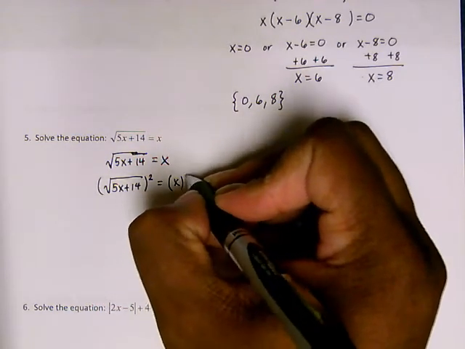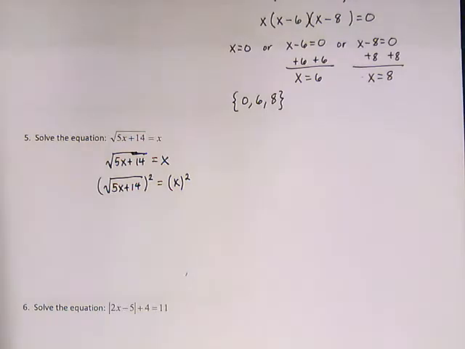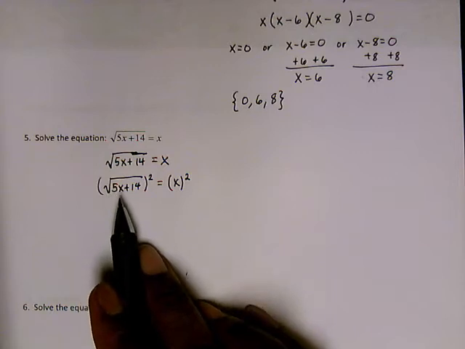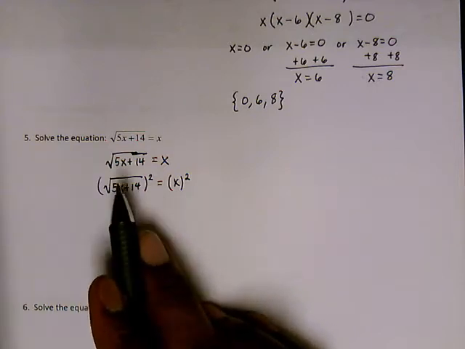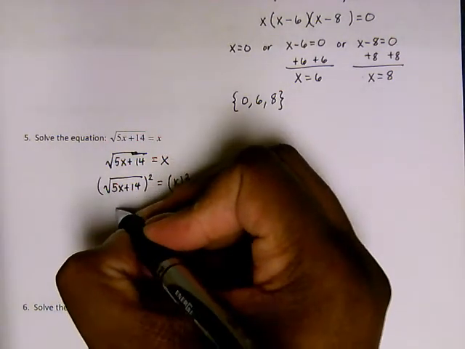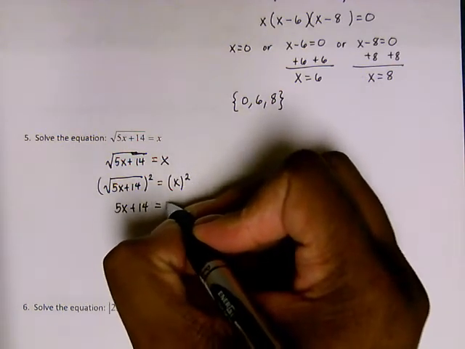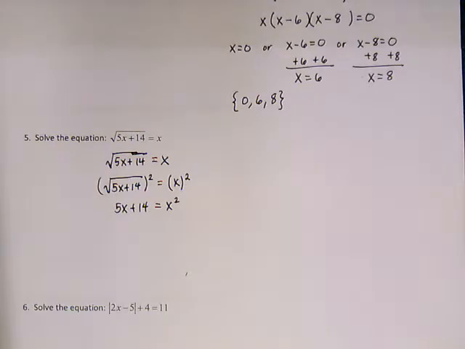And when you square both sides, the radical on this side is eliminated. So the square root of 5x plus 14 squared would be the 5x plus 14. And that's equal to x squared.